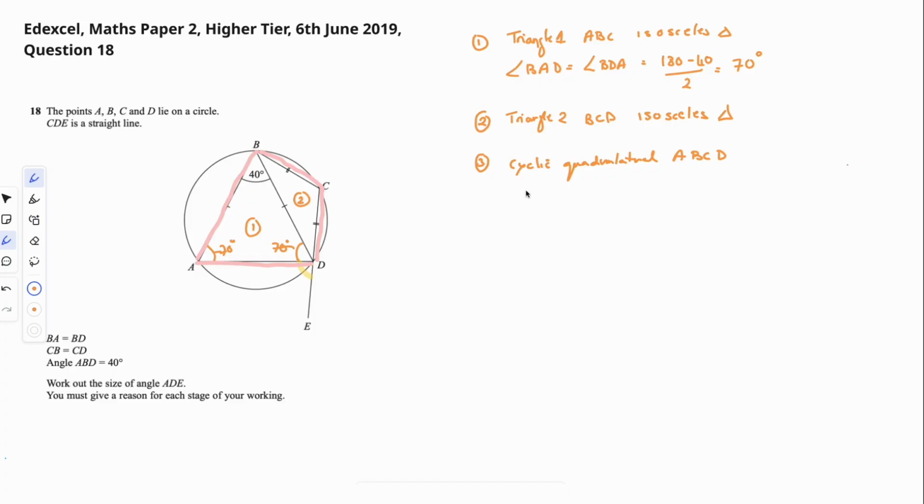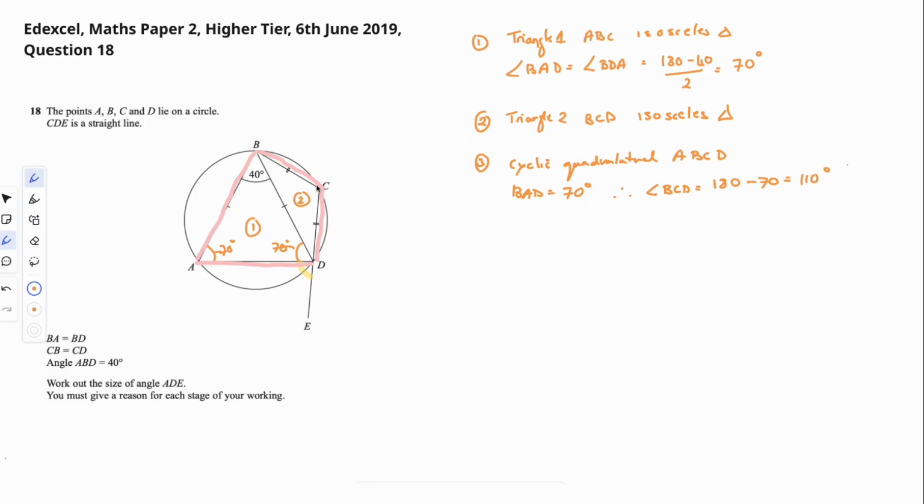And we know that angle BAD is equal to 70 degrees. Therefore, angle BCD must be equal to 180 degrees minus 70, because we know that opposite angles of a cyclic quadrilateral add up to 180 degrees. So this gives us 110 degrees.